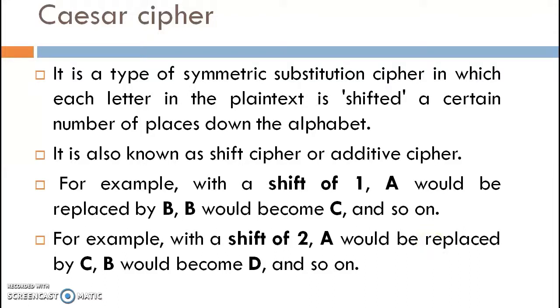For example, with a shift of 1, A would be replaced by B, B would be replaced by C and so on. With a shift of 2, A would be replaced by C, B would be replaced by D and so on.